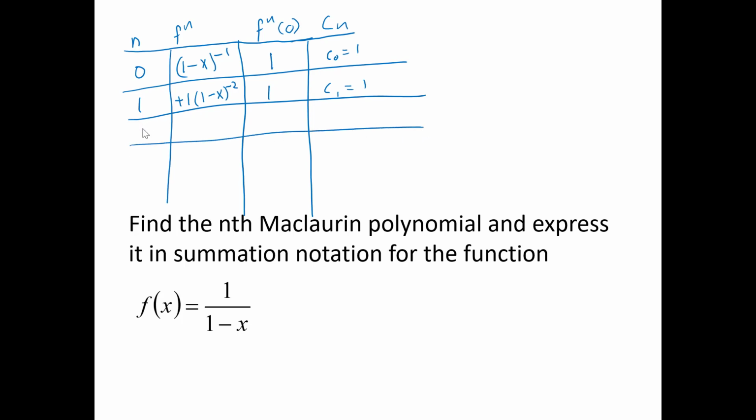For C2, take the second derivative, bring down the exponent, negative 2, take 1 away from the exponent, times the derivative of the inside. But the derivative of the inside is negative 1, so that will make this minus 2 a plus 2. And so then when I plug in 0, I just get 2. And then 2 divided by 2 is 1.